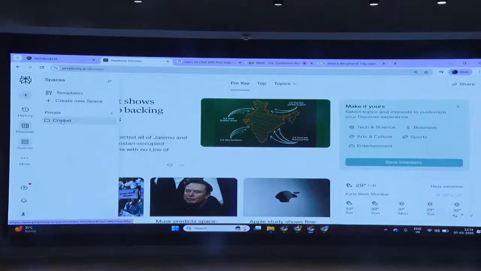Some of you are researching about a particular topic or a technology or a theme. You can have that as one space created in Perplexity, and all the upcoming real-time contemporary news regarding that topic could be added to that space.